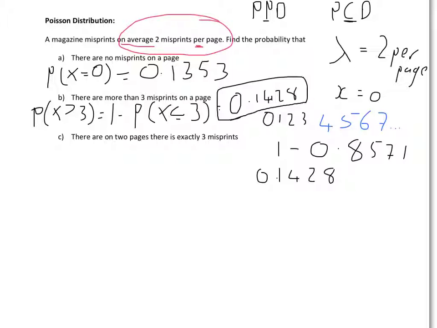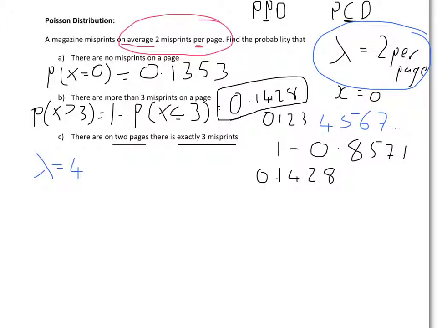Okay, there are exactly 3 misprints on 2 pages. Now, lambda was 2 per page. So on 2 pages, we've now got a new lambda. Lambda must be 4. That's the key thing about Poisson distributions. We can multiply the rate or divide it and change it to fit how many pages or how many hours or whatever the question's asking us about.